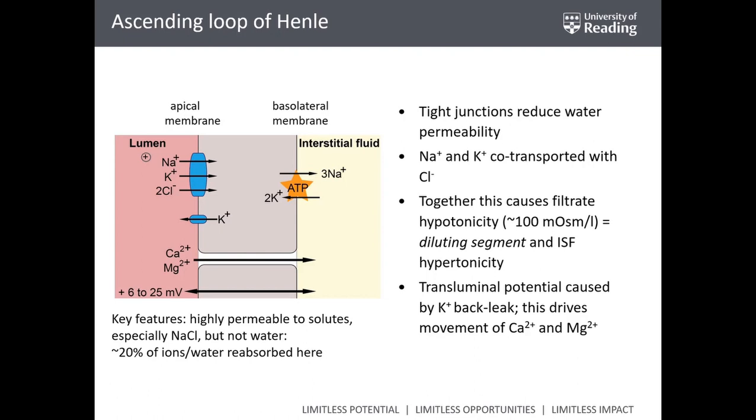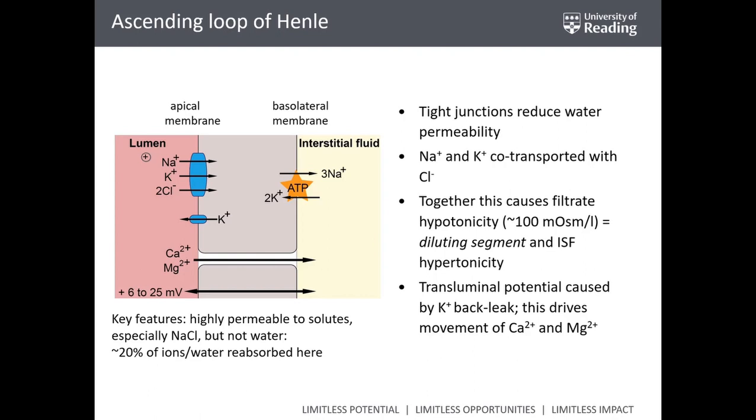The back leak of these positive charges into the lumen will allow calcium and magnesium to diffuse into the interstitial fluid via the tight junctions. And the movement of these ions will generate a transluminal potential which is between 6 and 25 millivolts.